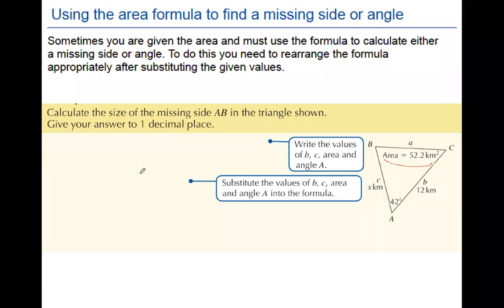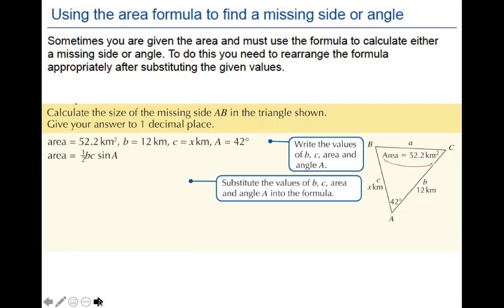Okay, so if we get back to here, we have the area. We have a missing side, but we can still write the formula by saying we've got half of BC sine 42. I've got B, which is 12.